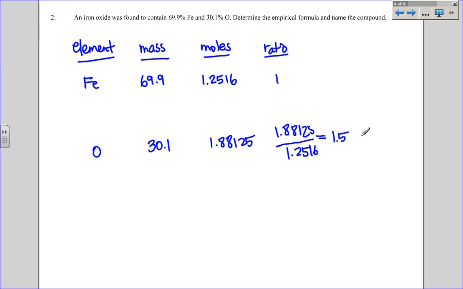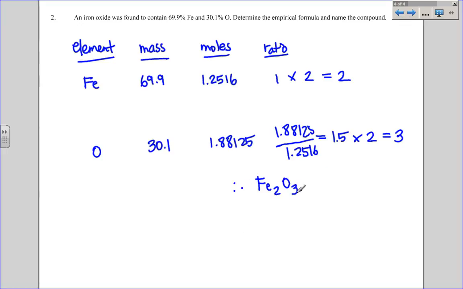If I take 1.5 and I times it by 2, that's going to give me a whole number of 3. Now I can't just change this one without changing the other factor in the ratio, so I'm going to also multiply this by 2. And so I get my final ratio of iron 2 and oxygen 3. So my formula is Fe2O3.